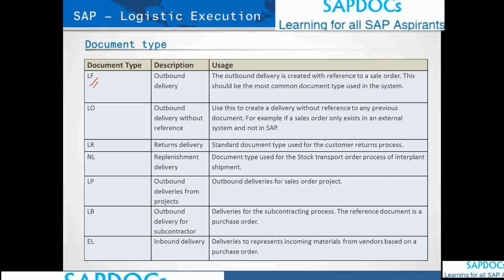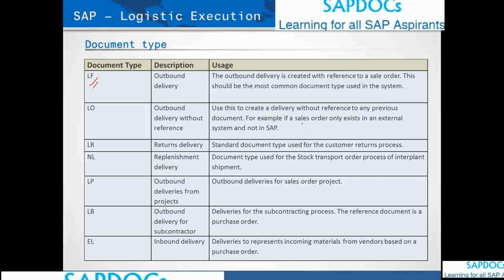It's the most commonly used document, and every time you would create an LF document, it's always with reference to a sales order. Note that if you are building a process for the delivery, it's better to either reuse the standard document type, or if you have to change it, copy it and create a Z1.